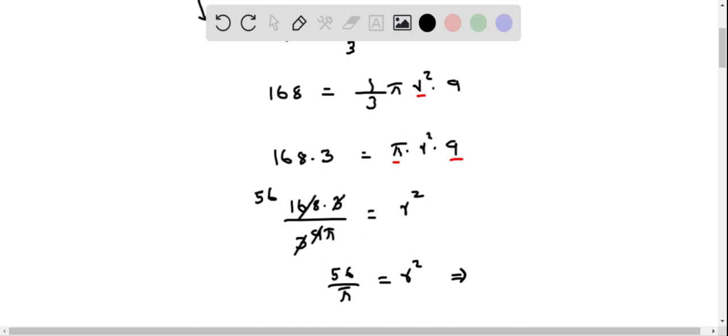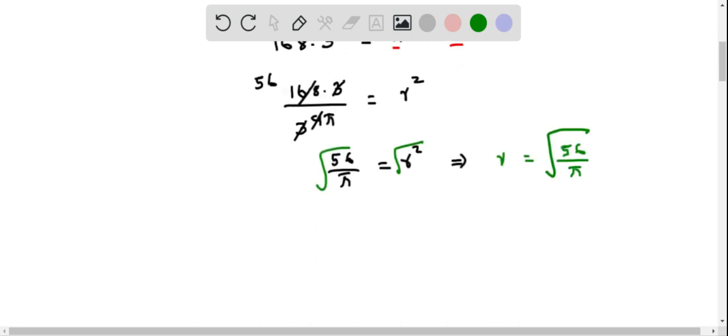And this implies we take a square root on both sides so that we determine r. And so this gives r equals square root of 56 over pi. Or else we can simplify this radical. That is r equals, I can write this as square root of 56 divided by square root of pi.